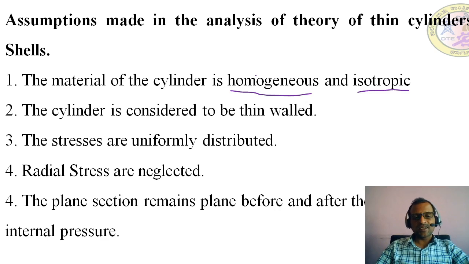Then radial stresses are neglected in this case. That's the fourth assumption. The fifth assumption is that a plane section remains plane before and after the application of internal pressure. So the structure of the shell was plane before, and even after the application of the internal pressure, it remains plane.